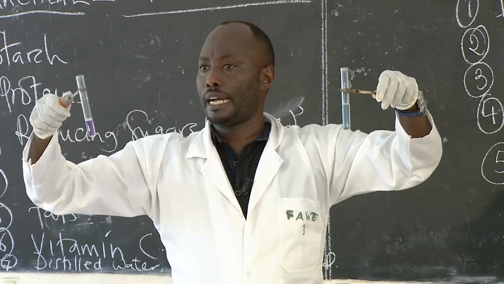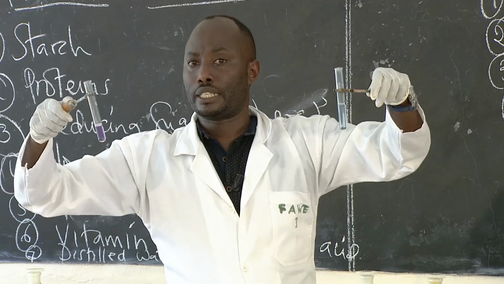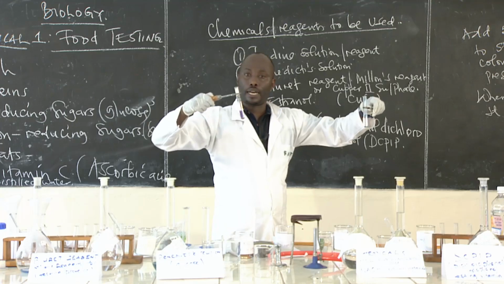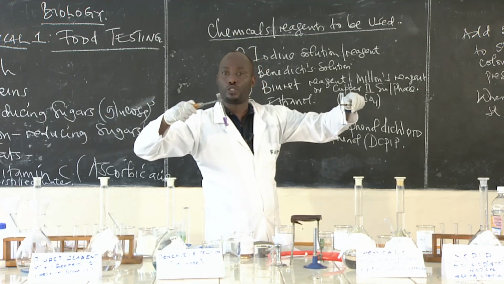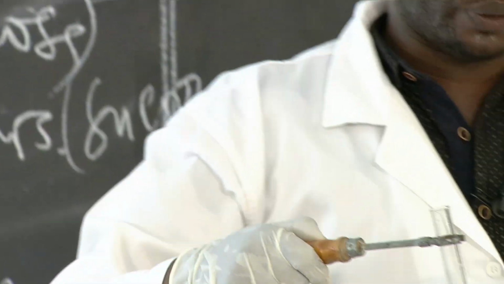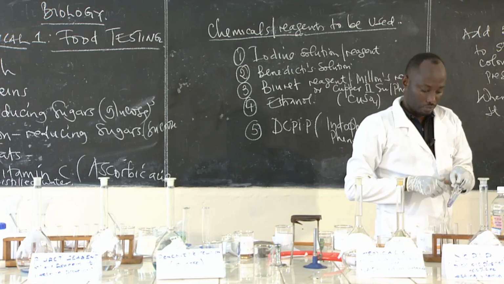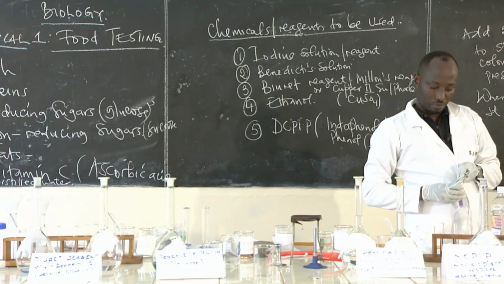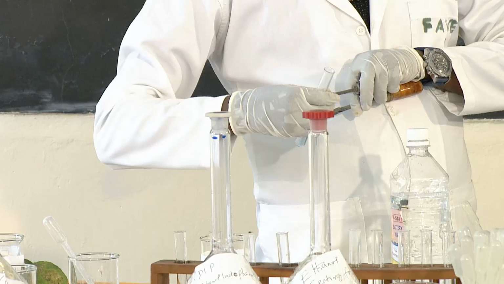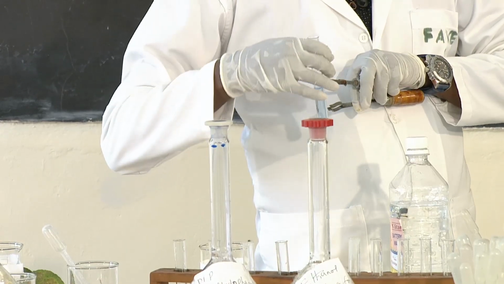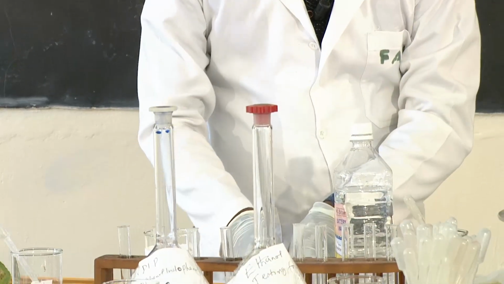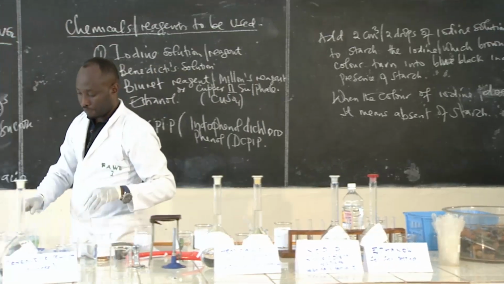So the color that shows there is presence of proteins is a change from blue to purple, which indicates positive. The positive result shows that there is presence of proteins. Good. So you can take a note about that.